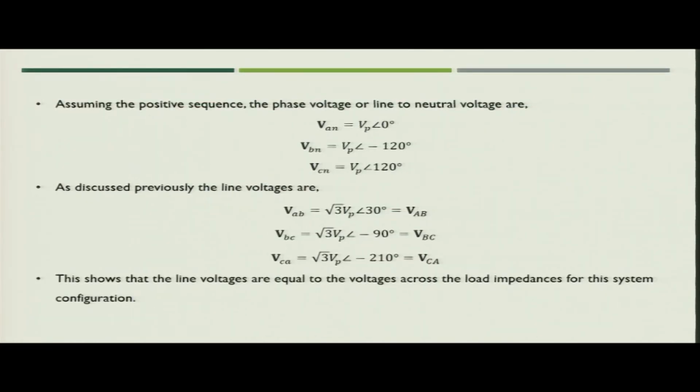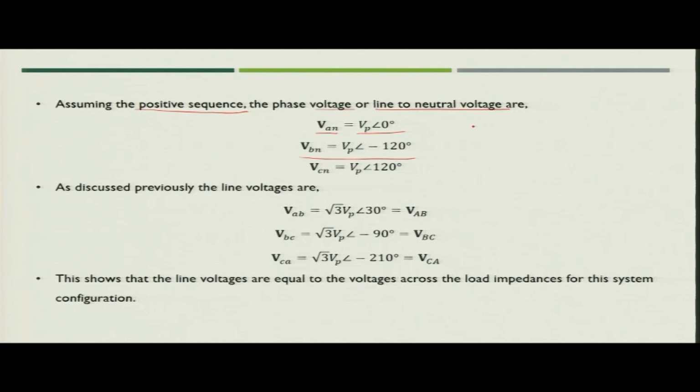Now, if we assume the positive sequence, the phase voltage, or line to neutral voltage, VAN will be VP angle 0 degree, where VP is the RMS voltage per phase. VBN will become VP angle minus 120 degree.